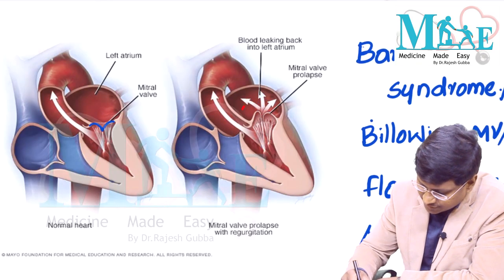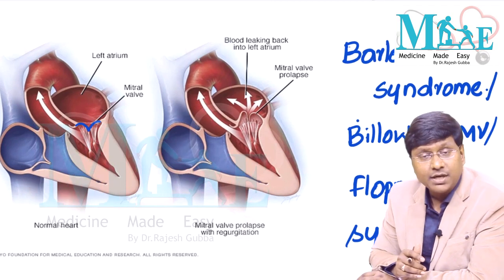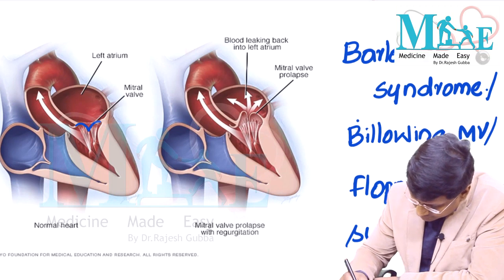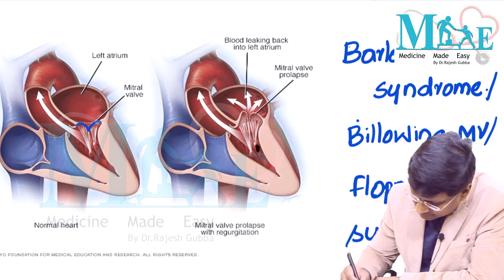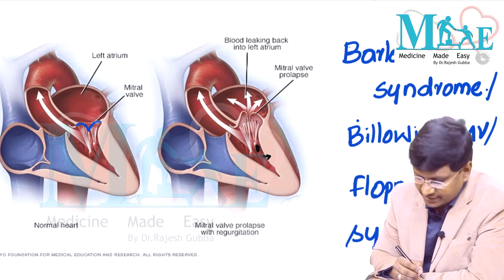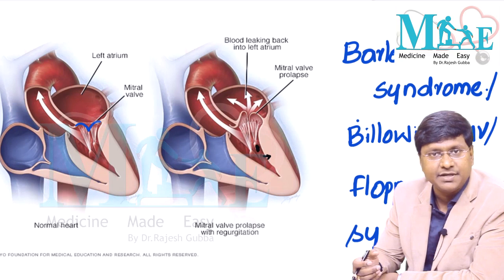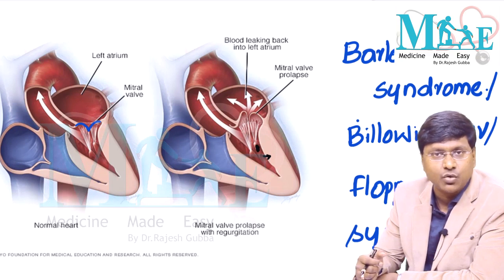Now, you see this image over here. In mitral valve prolapse, let me show you what exactly is happening. This is your papillary muscle, which is attached to the endocardium. Now, when the ventricle is undergoing systole, what is happening to the mitral valves? Mitral valves, which are in the open state, are moving towards the atrium.